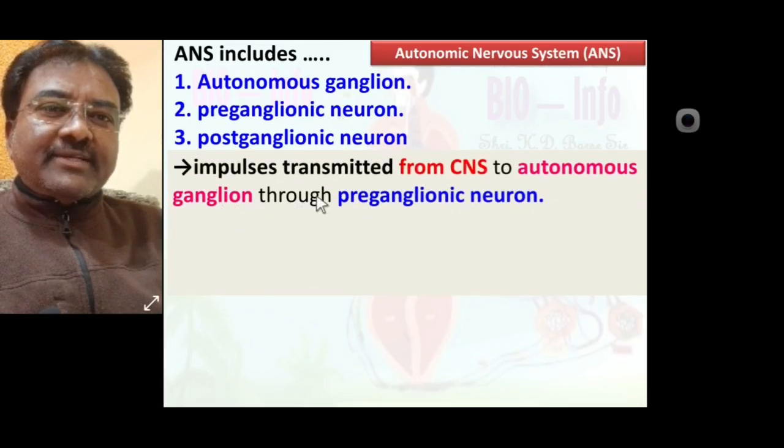Impulses are transmitted from the CNS to the autonomic ganglion through the pre-ganglionic neuron.